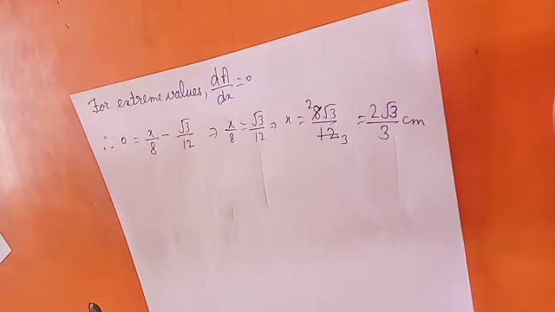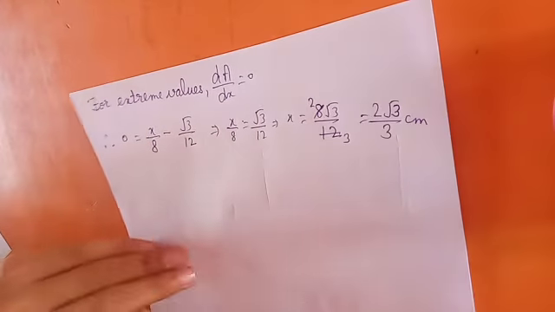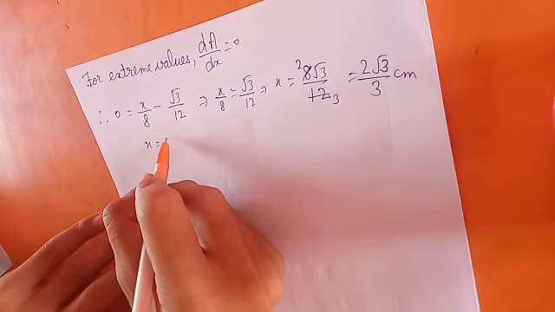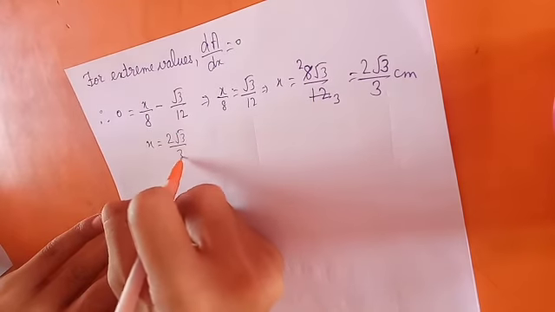Now if it is the value of x, then what will be the value of 36 minus x? First of all we write x equal to 2 root 3 by 3 centimeters.